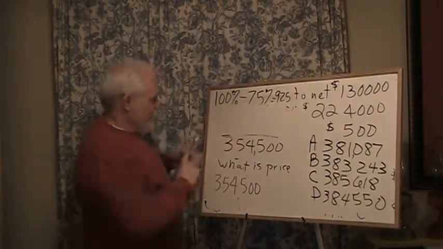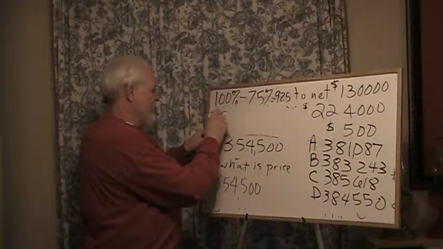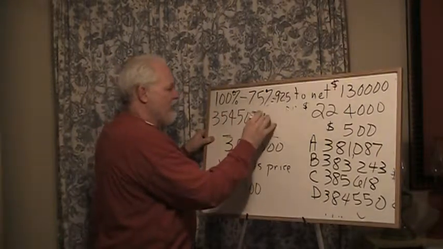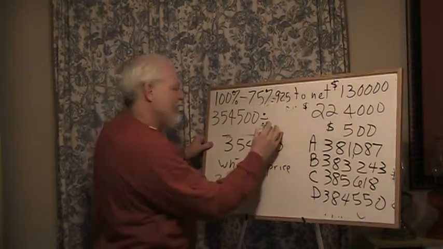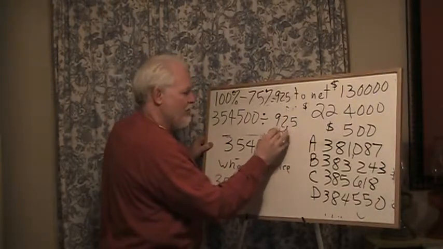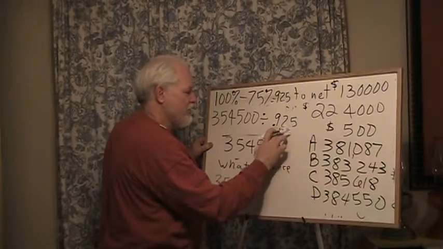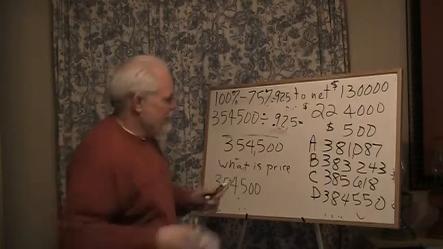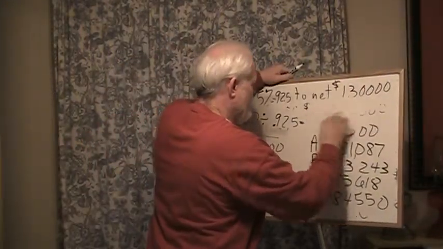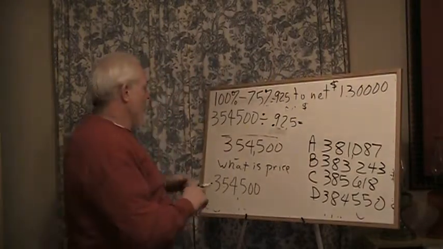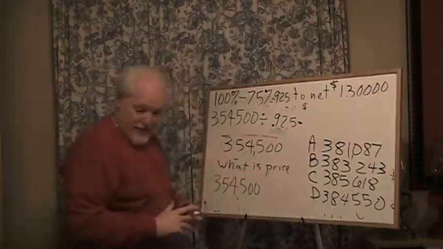So if we take the $354,500 and divide it by 92.5, move the decimal over 2 places, and let's see what the calculator says.